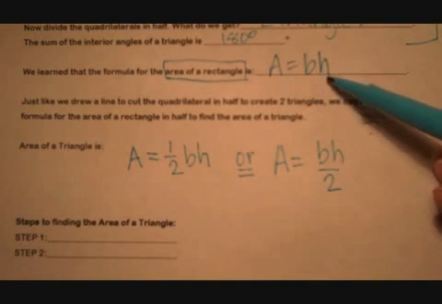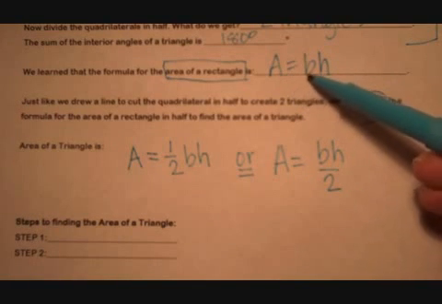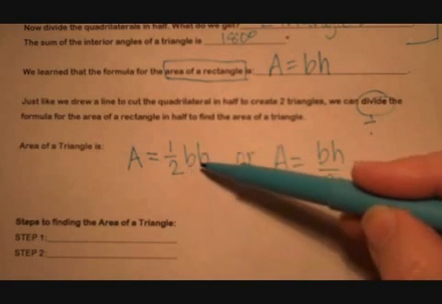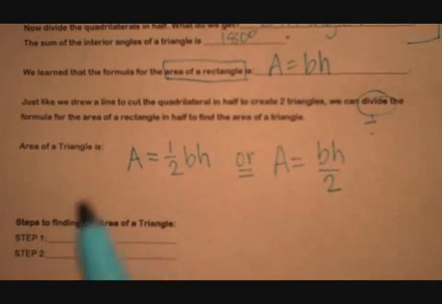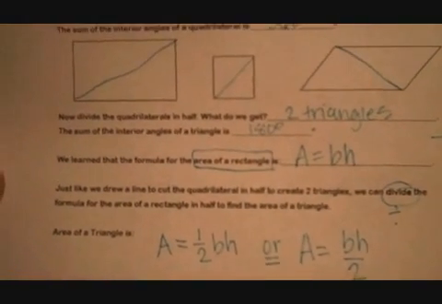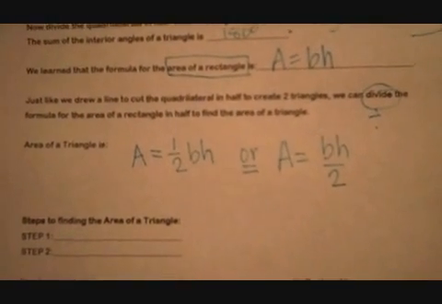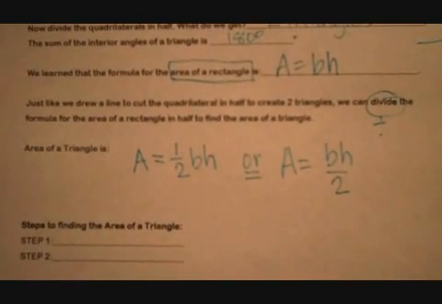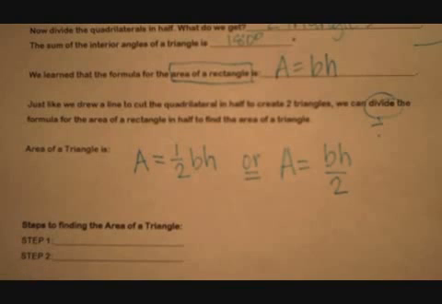If you notice, this is the quadrilateral formula. It is base times height, and all we're doing is dividing that in half, just like we did up here with our quadrilaterals. We divide them in half to get a triangle. So hopefully that's starting to make some sense of where this formula came from.